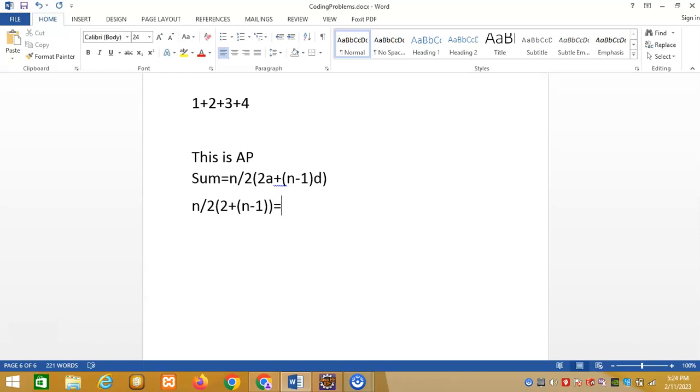If we simplify this more, n by 2 into (2 plus n minus 1), which will be n by 2 into (n plus 1), since 2 minus 1 is 1.